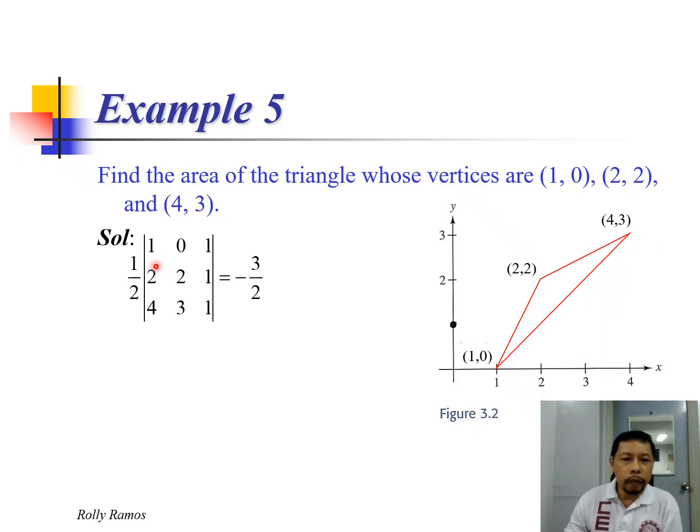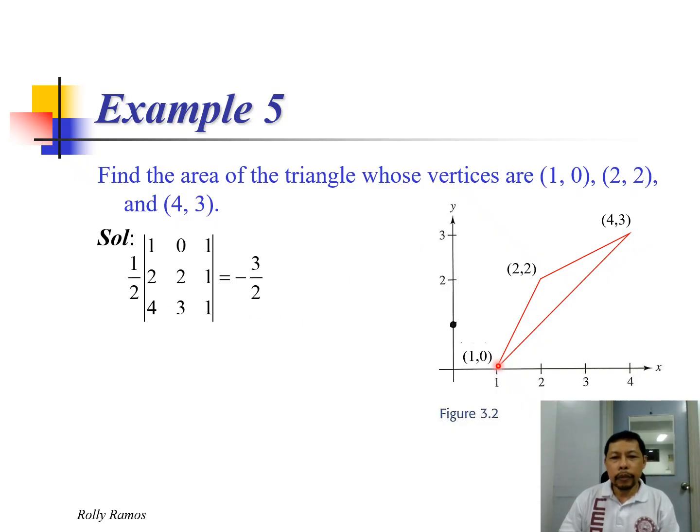So x1 is 1, y1 is 0, x2 is 2, y2 is 2. We are taking the points in a clockwise direction, and this will give us a negative value, negative 3/2. We just apply the plus or minus sign in front.